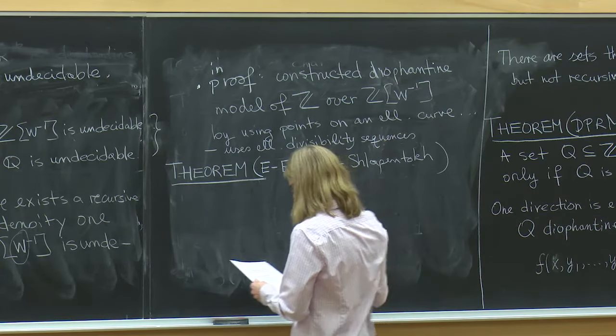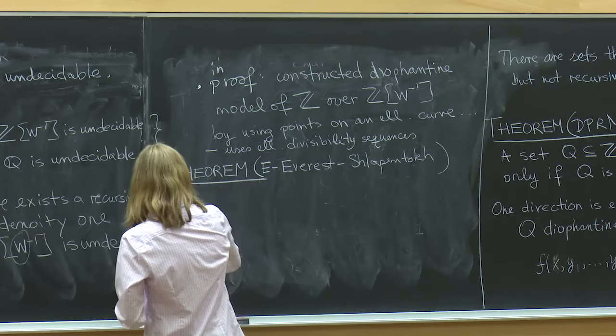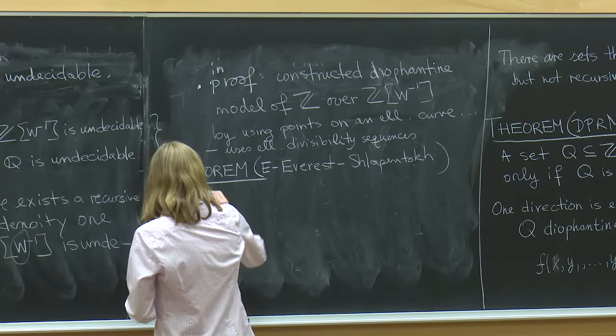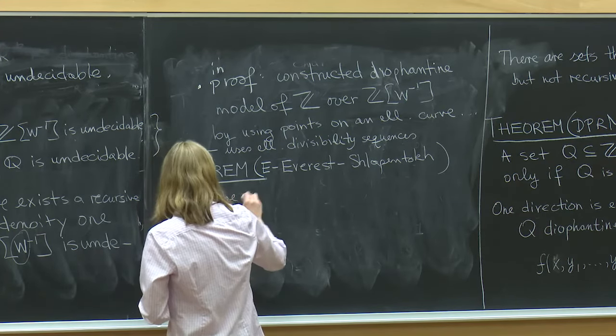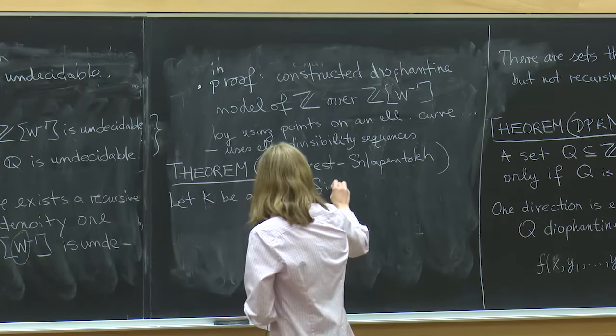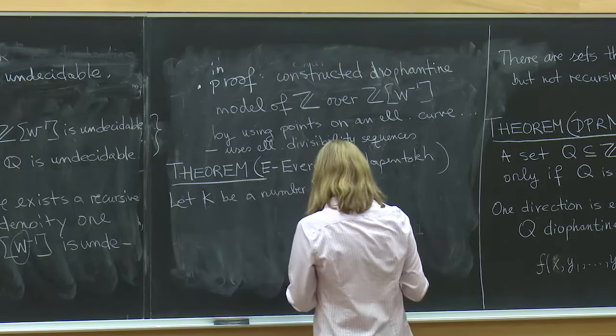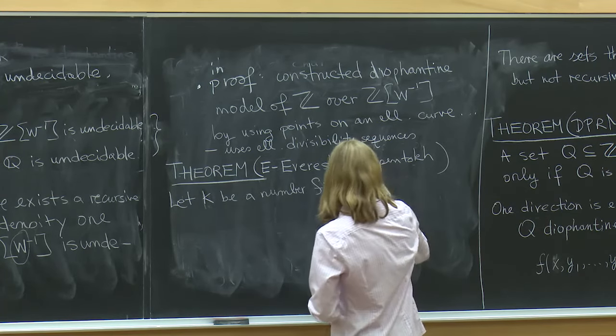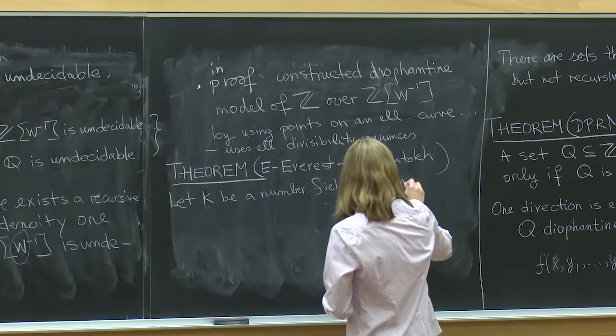And so the statement I want to make is, now I have a number field, and I have to assume that there is an elliptic curve with K-rank equal to 1.